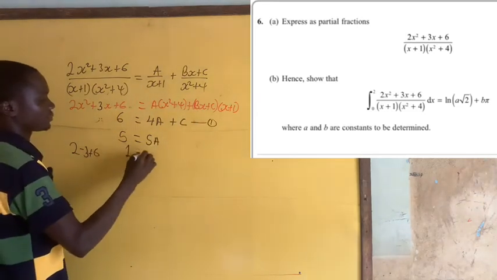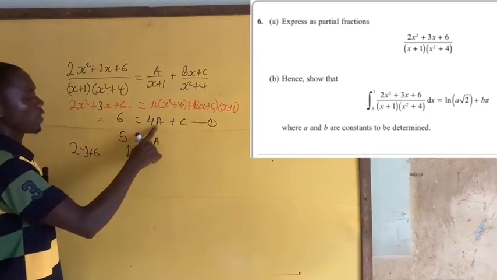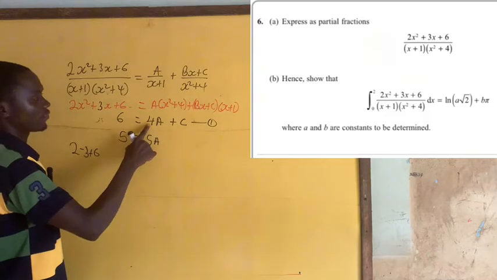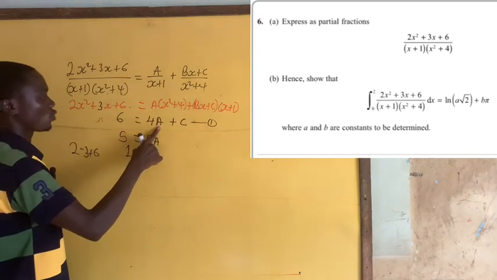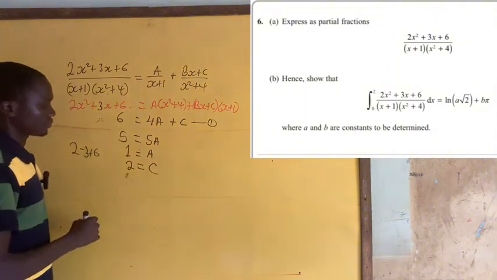So A will be 1 if we divide by 5. Now putting 1 for A in equation 1, 4 times 1 is 4, and we take 4 from 6 to get 2. So C will be 2.